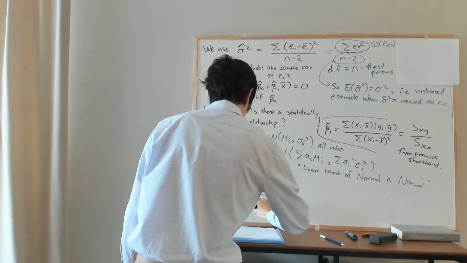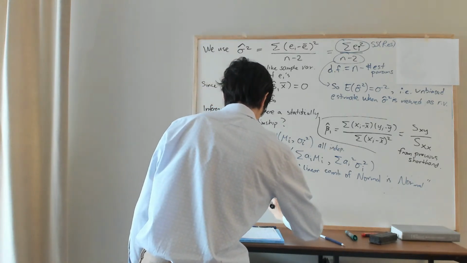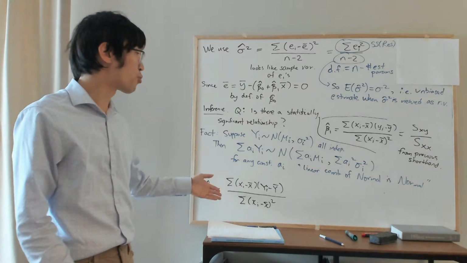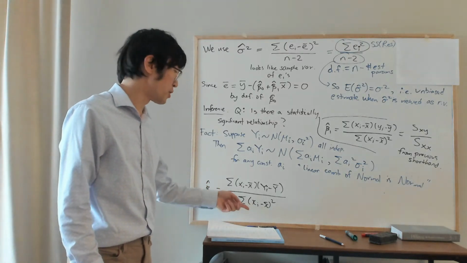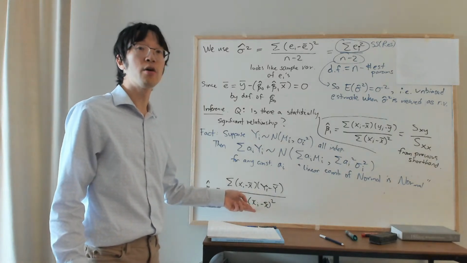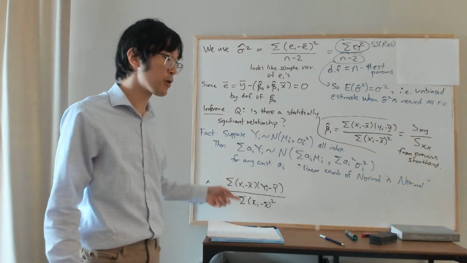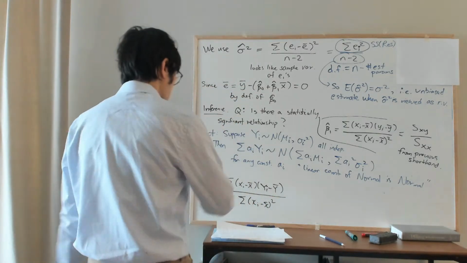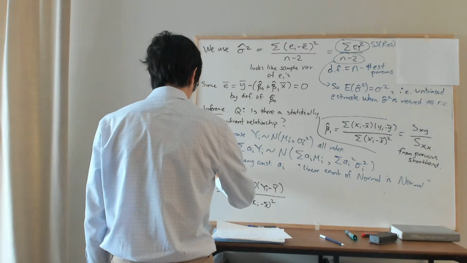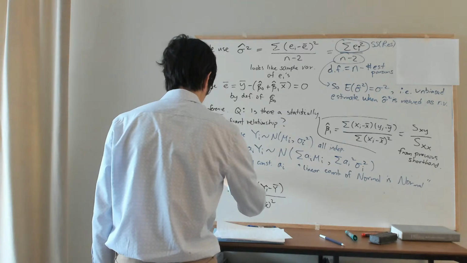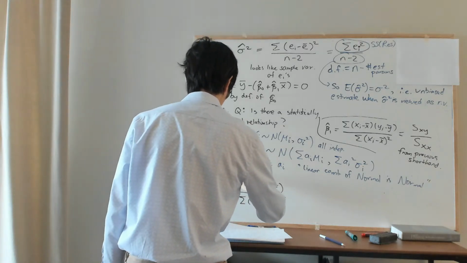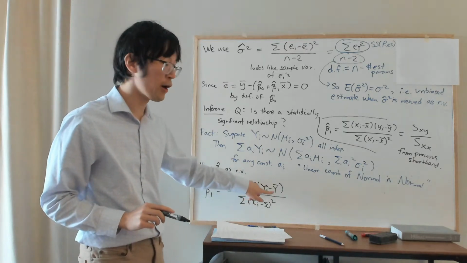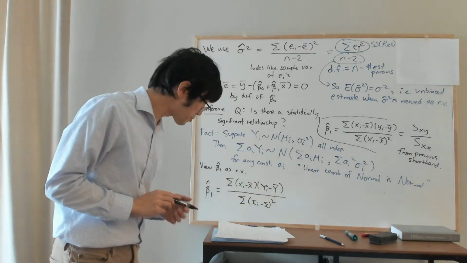On the bottom, you have the summation of xi minus x bar squared. Let me remind you that for our purposes now, we are going to treat the x's as simply constants, so they're not random variables. I'll always be writing these x's in lowercase. So we review beta 1 hat in this random variable form. The random variables in this expression are yi and y bar.